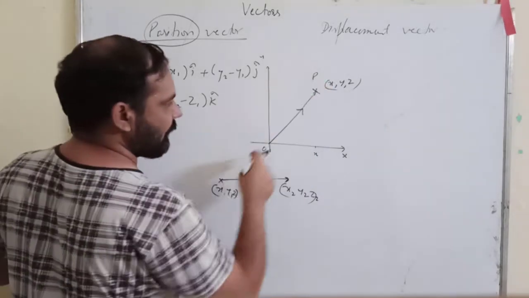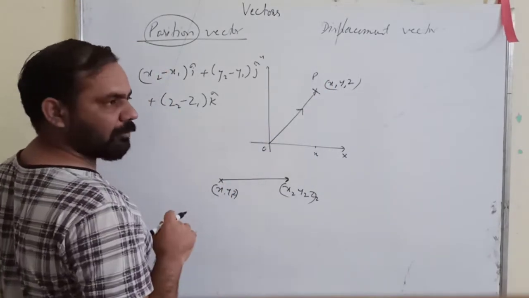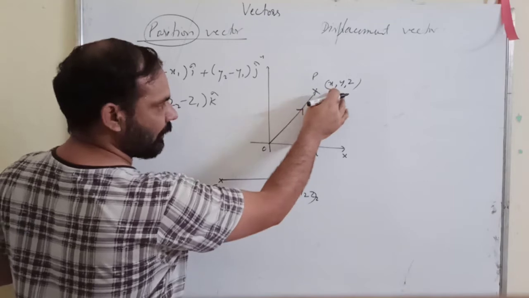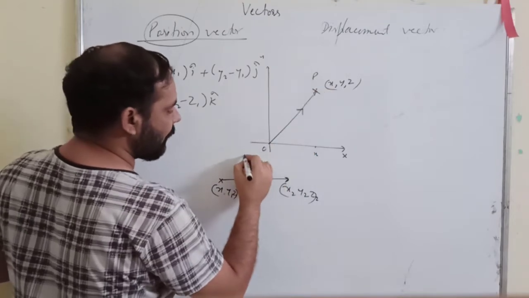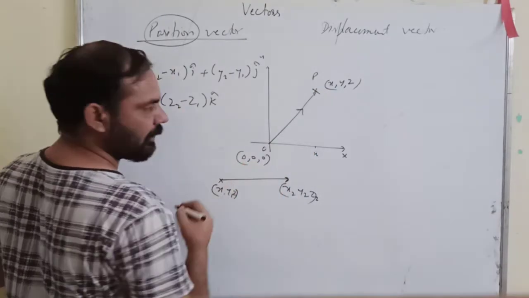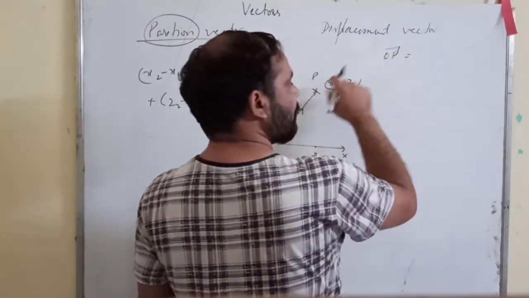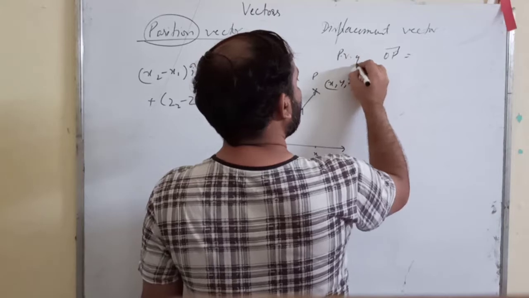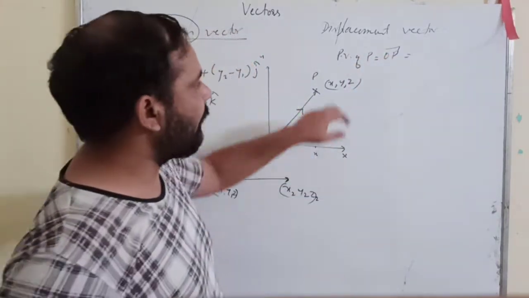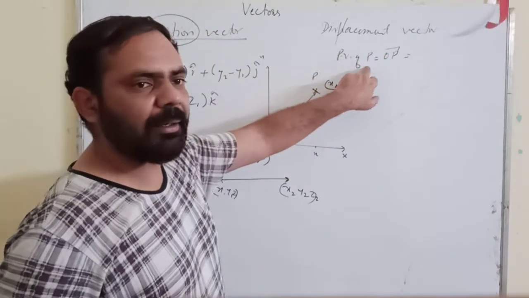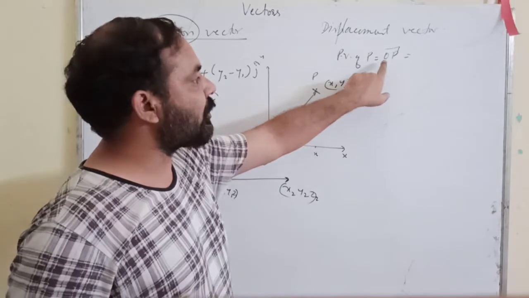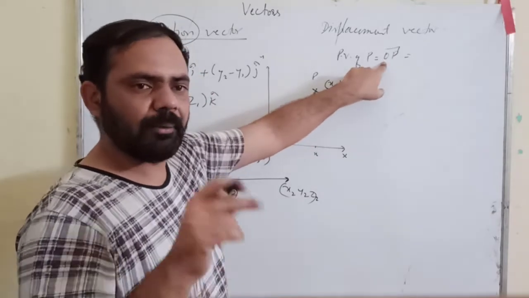Now suppose this is the condition. You want to write the expression for the position vector. Then this is your terminal point, right? What is your initial point? 0, 0, 0. So how much will be the OP vector, which is your position vector of P? Position vector of P equals OP vector. The initial point is always O, the origin.